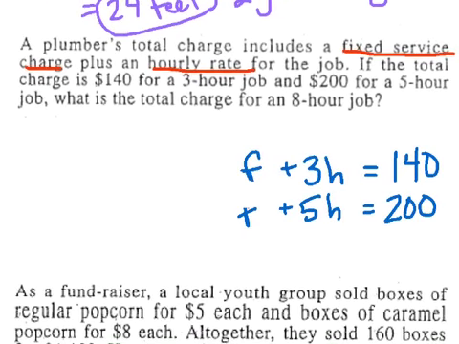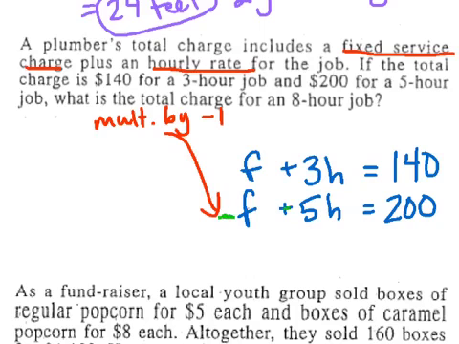Alright, so if we want to find out what our fee and what our hourly rate are, we need to solve this equation. Probably the easiest way is going to be to eliminate. So I'm going to multiply by -1. And what that's going to do is make this negative, and this negative.